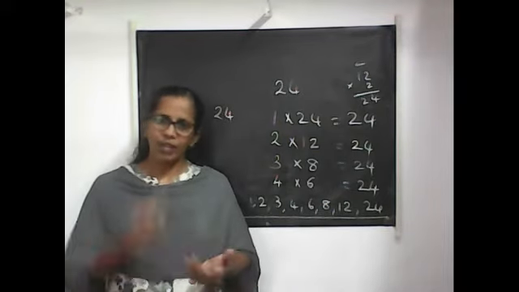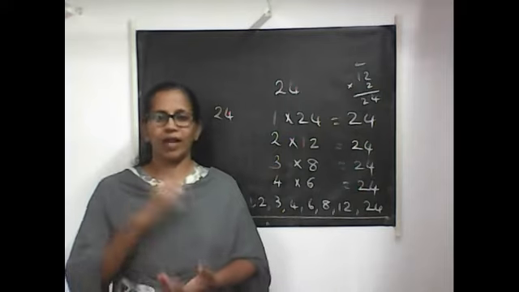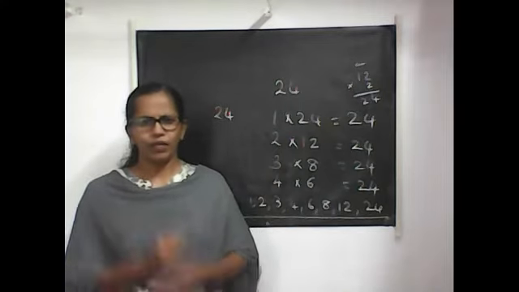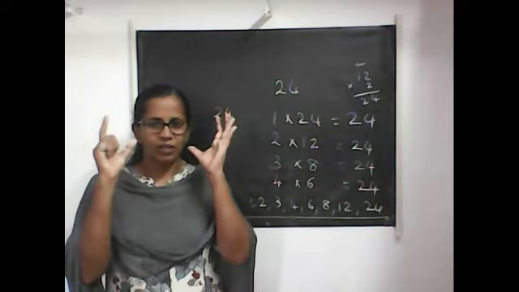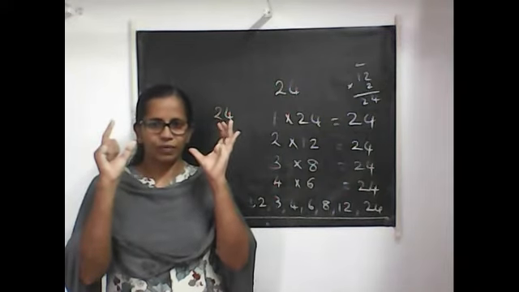The number by which we divide it is called a factor of the given number. No need of learning the definition by heart. I hope it is clear for you.